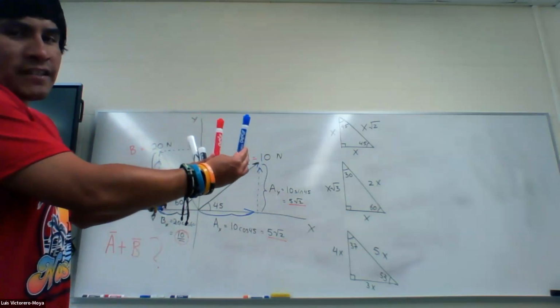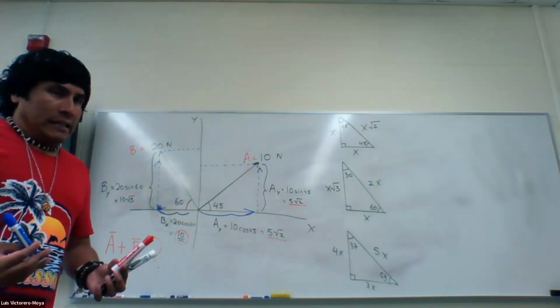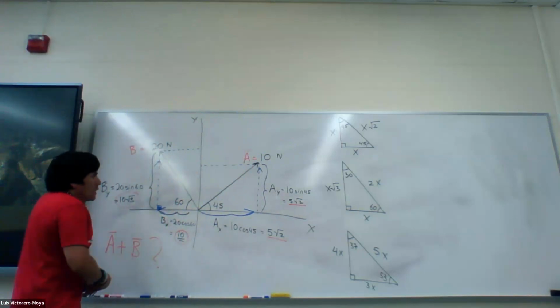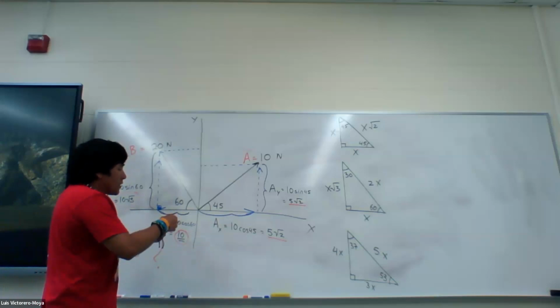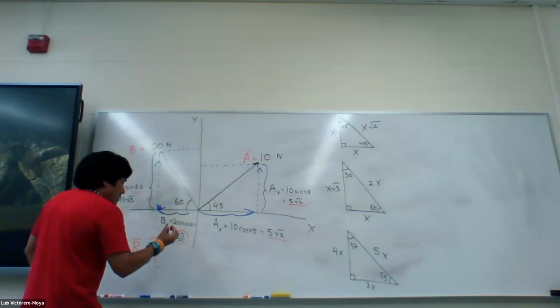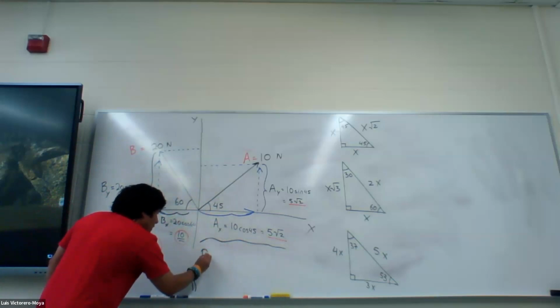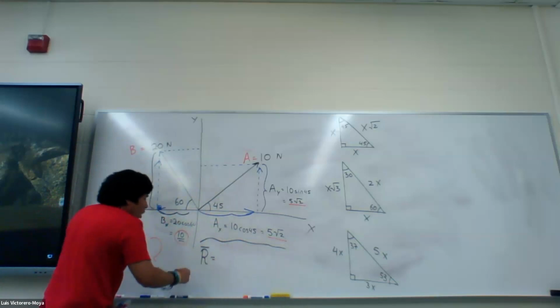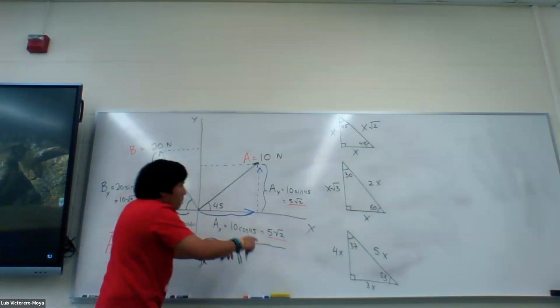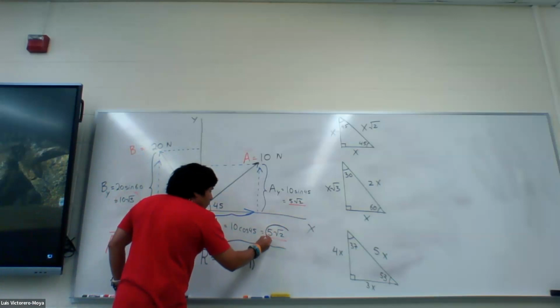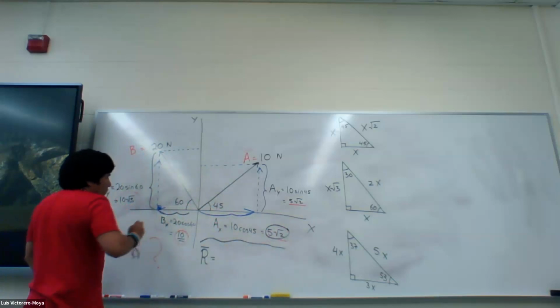And the ones going in the same direction, you have to add. Pretty much what you do to find this value is you can find the vector resultant. Your resultant will be on X and on Y. On X will be 5 root 2 minus 10.